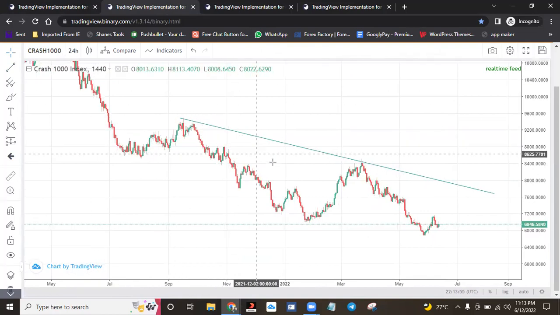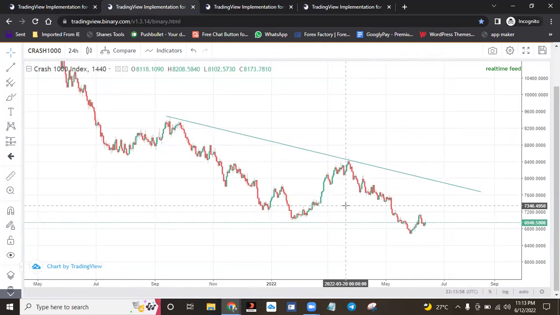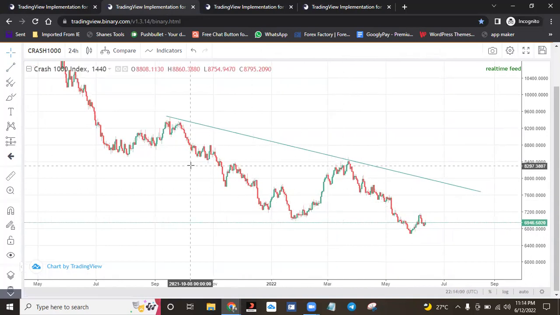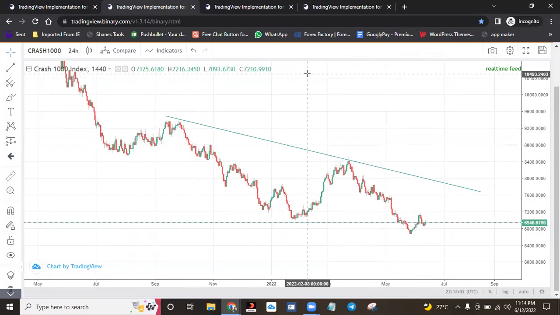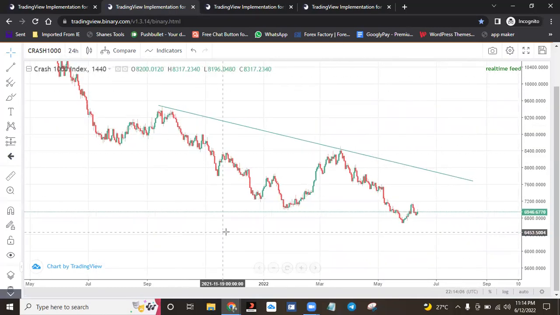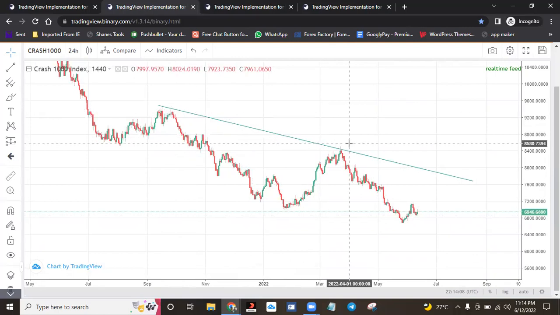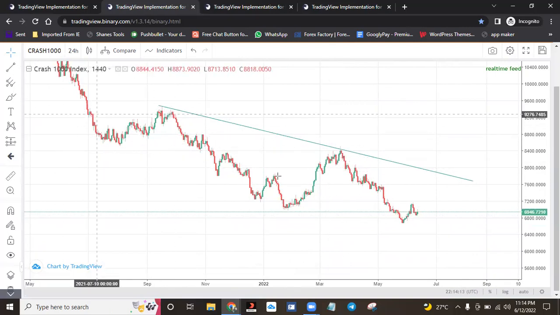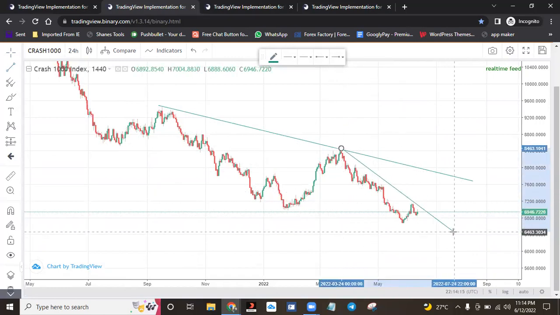So for Crash 1000, it's been bearish, meaning it is a good opportunity to grab spikes out of the market. So what do we expect this week? We can see clearly that price actually has been bearish. And what else am I seeing? I'm also seeing this move like this.